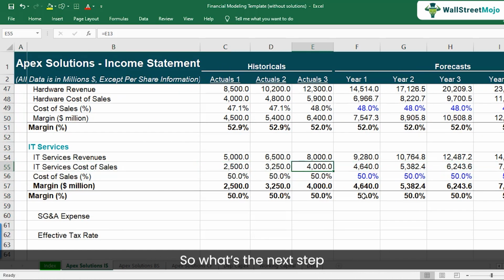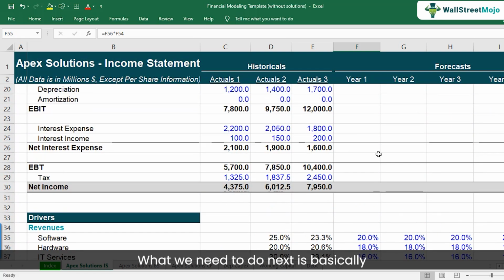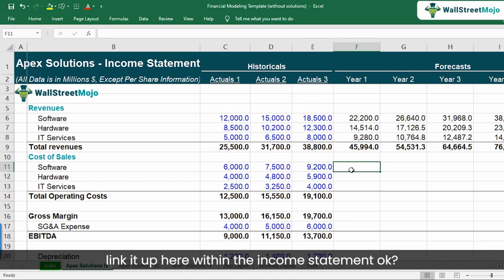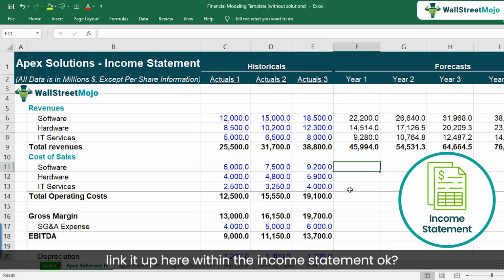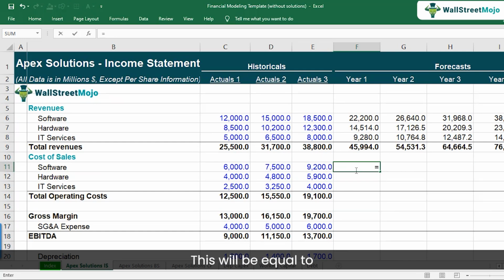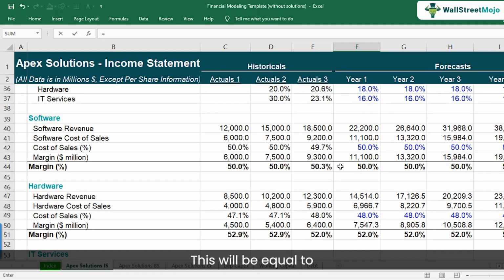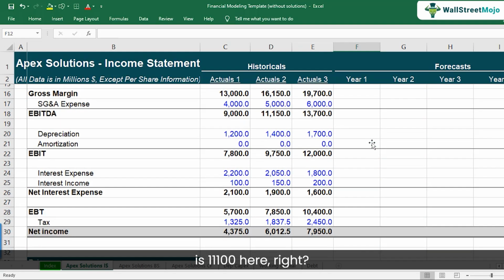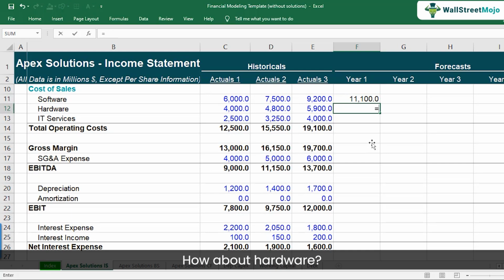Okay, so what's the next step? Now that we have the cost of sales for each of these segments, what we need to do next is basically link it up here within the income statement. Okay, so let me do that. This will be equal to cost of sales is 11,100 here, right? How about hardware?